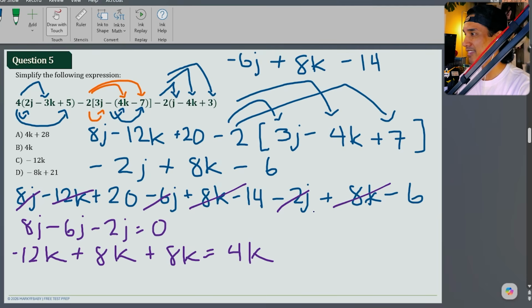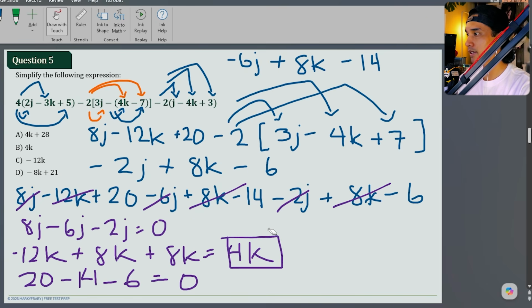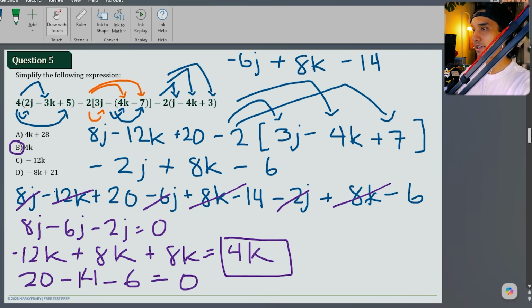And then I have 20 and then minus 14 and then minus 6. Well, this again, folks, equals 0. Negative 14 minus 6 is negative 20, combined with a positive 20, cancels it out. And what we're left with is 4k. That's it. That is our final answer, and that is B.